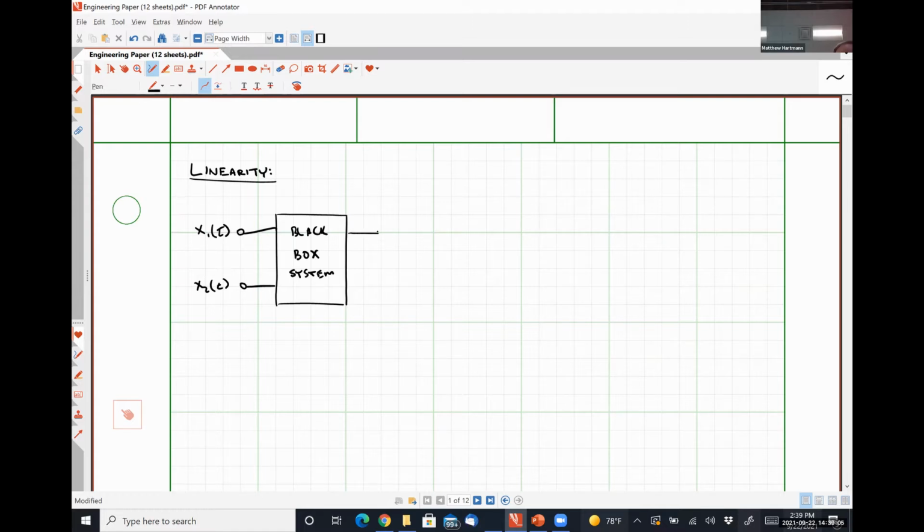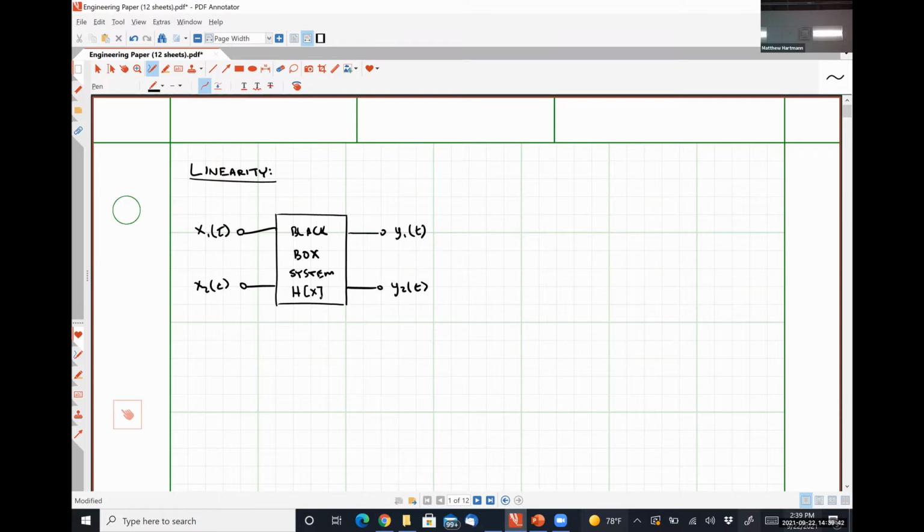And as an output of this black box system, we have a signal y1 of t and a signal y2 of t. What this black box system is doing is acting on these inputs by way of a transfer function. A transfer function is simply the output relationship over the input relationship. Again, we're going to tie this back to circuits very shortly.